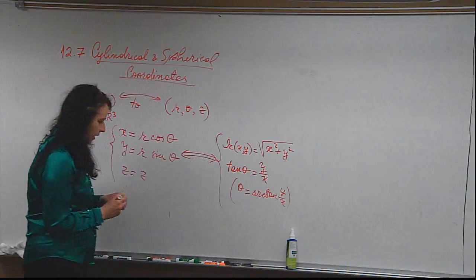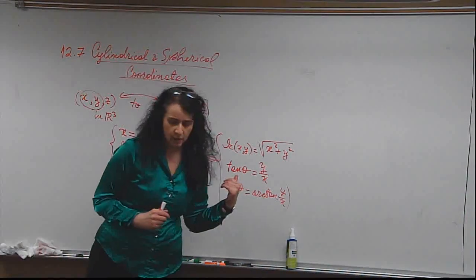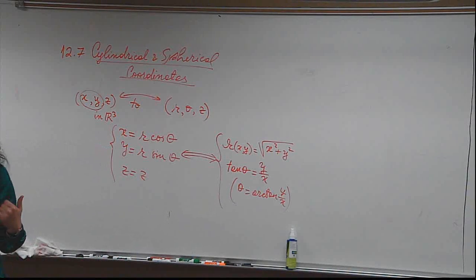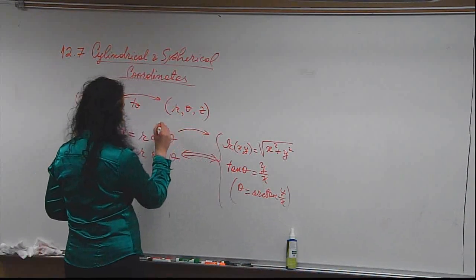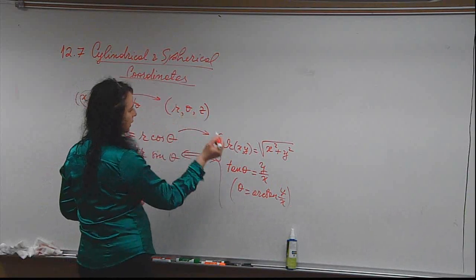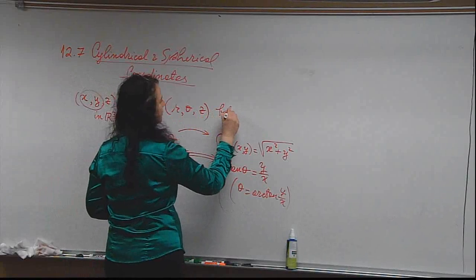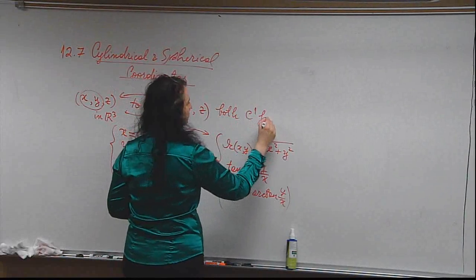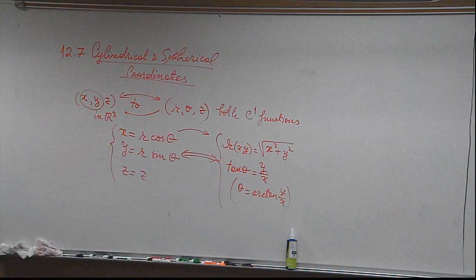So you have a bunch of inverse functions that are differentiable. Okay? Both functions are C1, the one that goes from r, theta, z to x, y, z and back. These are both C1 functions. Differentiable and the derivatives are continuous.